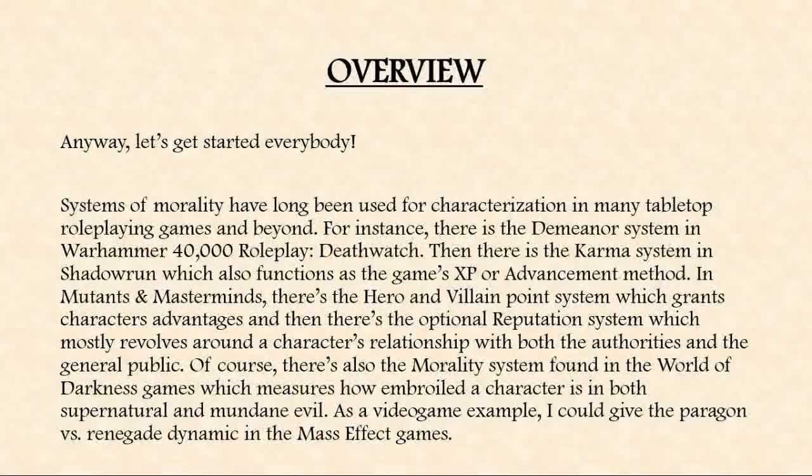And then there's the optional reputation system, which mostly revolves around a character's relationship with both the authorities and the general public. Of course, there's also the morality system found in the World of Darkness games, which measures how embroiled the character is in both supernatural and mundane evil. As a video game example, I could give the Paragon versus Renegade dynamic in the Mass Effect games.